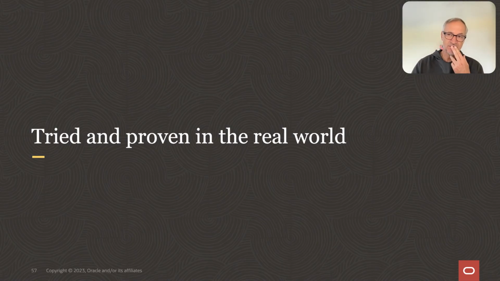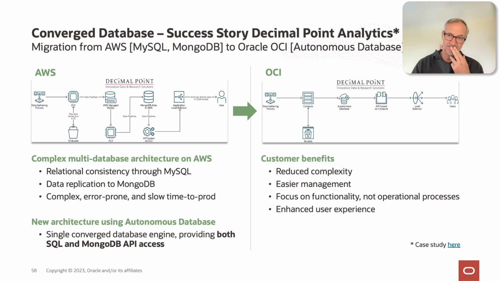So just one or two things about, has this been done before? What are customers actually doing here? The stuff that we talked about and the benefits of the Converged database is not something that we made up, but something people really benefit from. There's one customer, Decimal Point Analytics, who initially ran on AWS with a MySQL and MongoDB ecosystem.